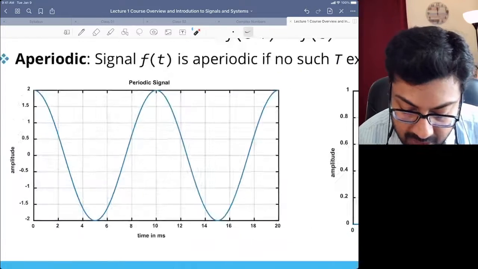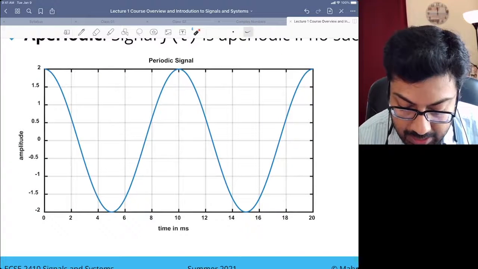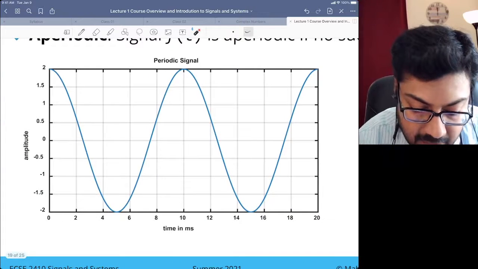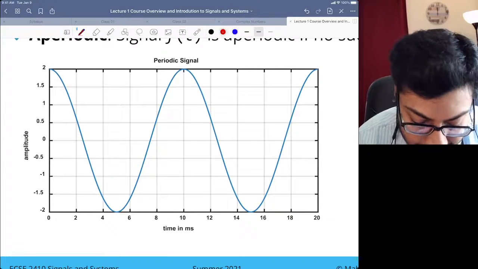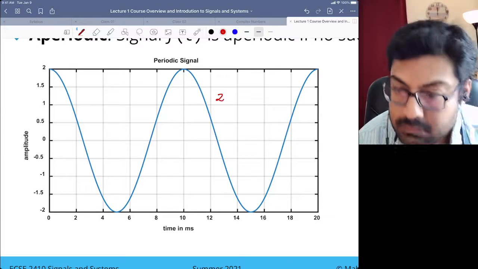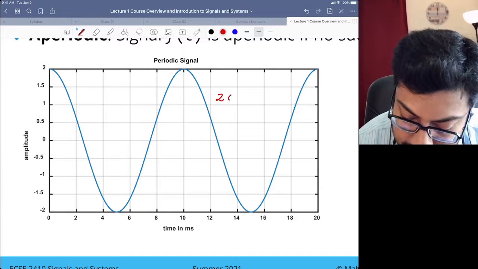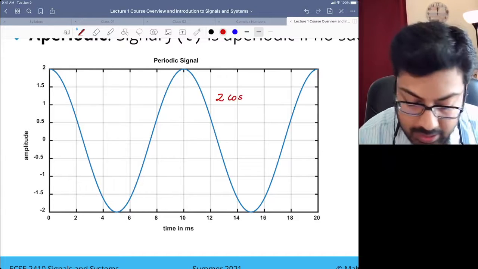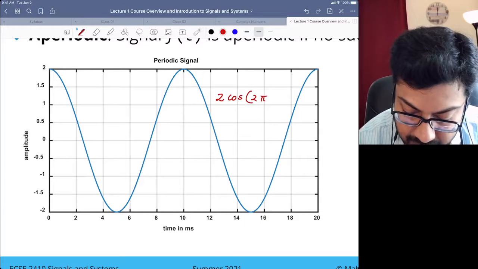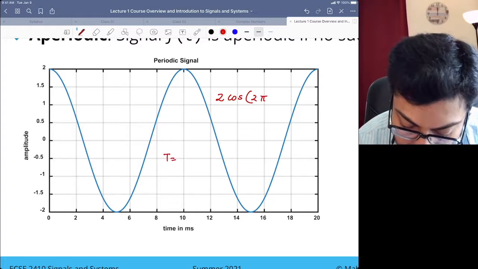So on the left over here, we have a periodic signal. It's a cosine. So let's see. What is the signal over here? How can I write it mathematically? The amplitude is what? 2. It's a cosine, and it is 2 pi. What is the frequency? Well, the time period is 10 milliseconds.